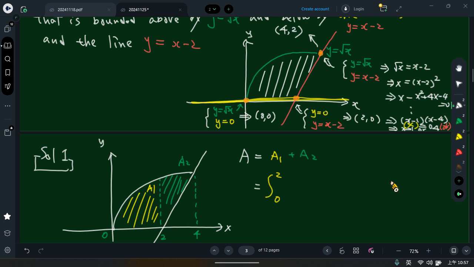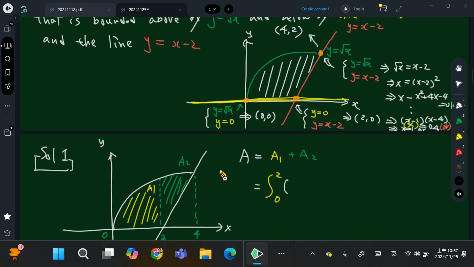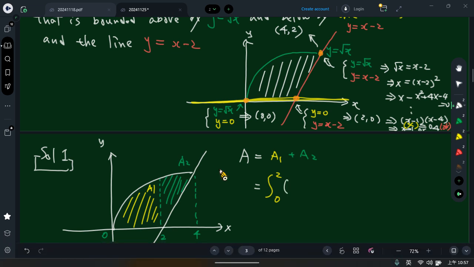Bounded by the upper function y is equal to square root of x, so it will be square root of x minus 0, right?